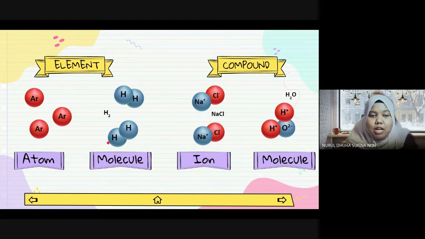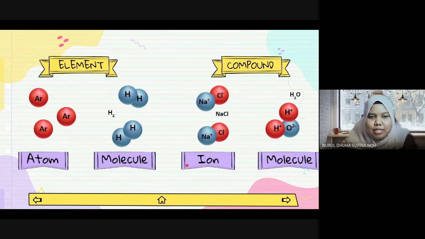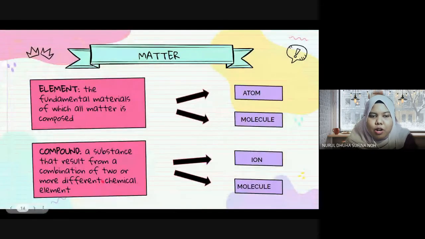This is a hydrogen atom, and the combination of one hydrogen atom with one hydrogen atom will produce one molecule of hydrogen gas, which is categorized as element.